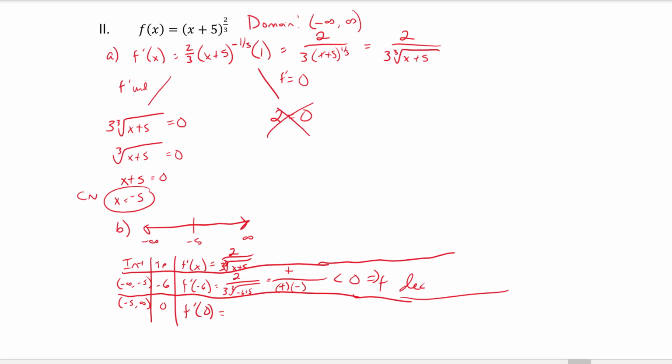f prime of 0 is 2 over 3 cube root of (0 plus 5). So 2 is still positive, 3 is positive, and the cube root of 0 plus 5 is going to be positive. So this is all greater than 0, so f is increasing.